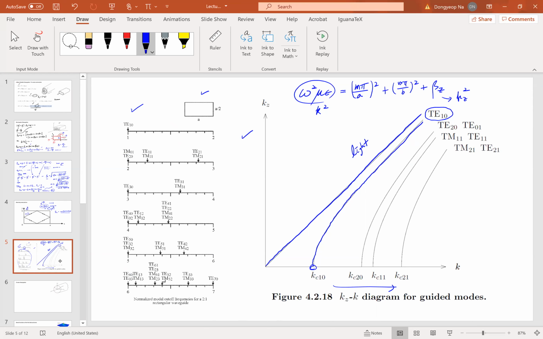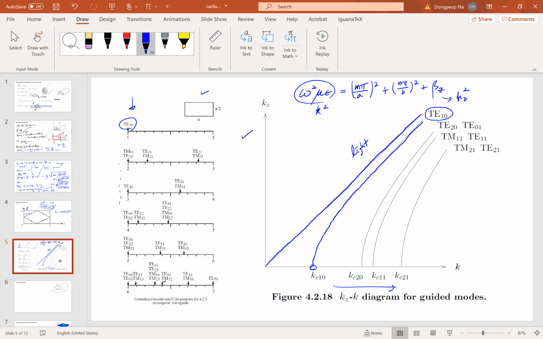And also, these show the order of the cutoff frequencies of various modes. As you can see, the TE10 mode is the lowest mode, and there are higher order modes appearing as the frequency increases.